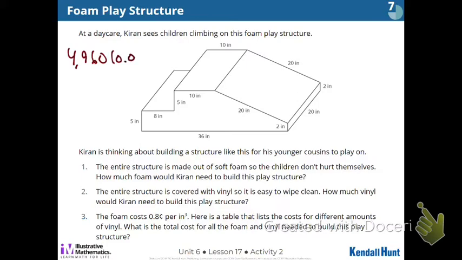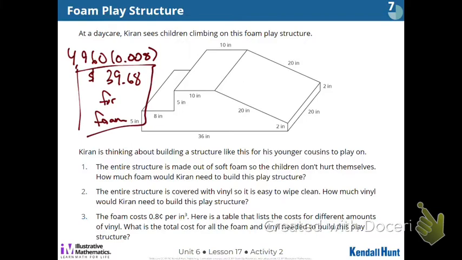What's tricky there? That is $0.008. Okay? It gave you units in cents. We need it in dollars. So to get the price of foam, I'm taking 4,960, multiplying by 0.008, and that foam is going to cost us $39.68 for foam. I'm going to write for foam so I know what this is for.